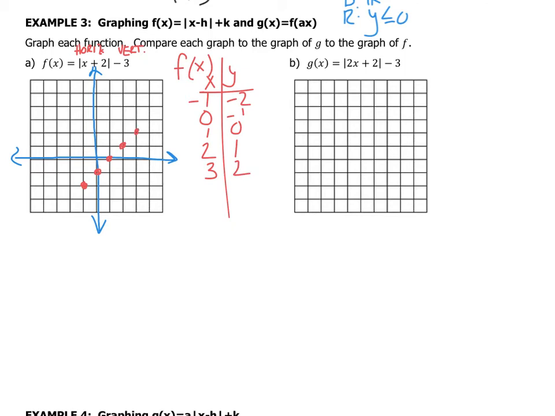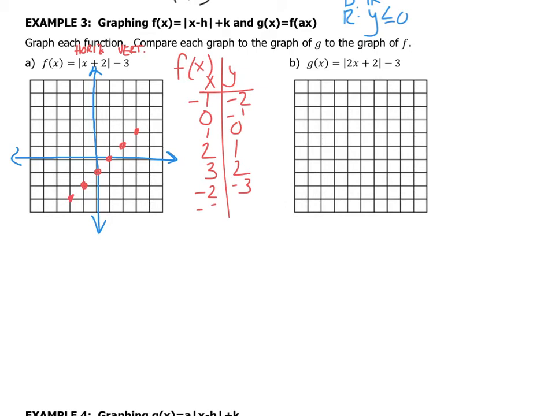So at some point you might want to say, okay, what if I go backwards? What if I go back to -2? We already did -1. Let's go backwards. If -2 plus 2 is 0, 0 - 3 is -3. So (-2, -3). Well, we got a nice perfect straight line, but I know this can't be a straight line.